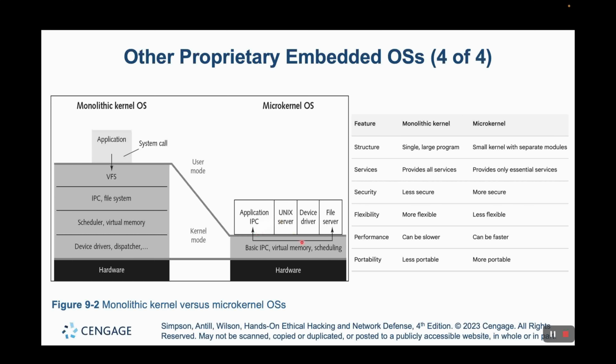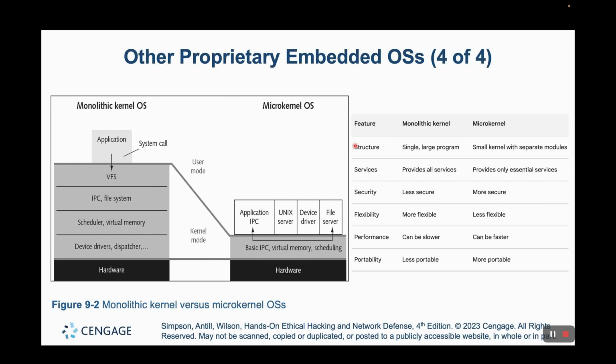Now, the micro one, on the other hand, is a small kernel that only provides the essential services that are needed to run the operating system. And that's the stuff that we covered previously in the slides. All other services are implemented as separate modules that run in user space.